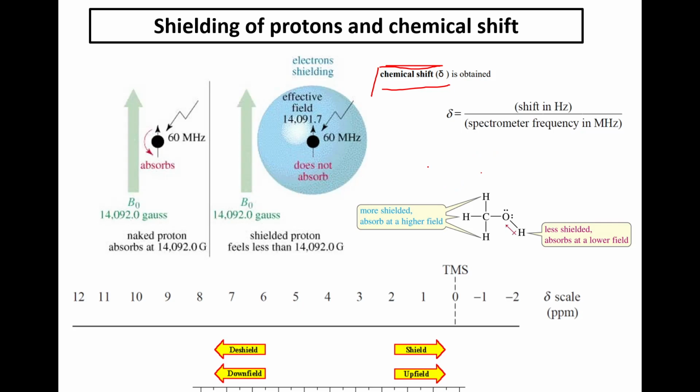To calculate any shift or any difference, what you require is a reference point. So in chemistry, normally people use tetramethylsilane, since it has four methyl groups associated with a silane molecule. People use this tetramethylsilane as a reference, because all the protons present in these methyl groups are highly shielded.